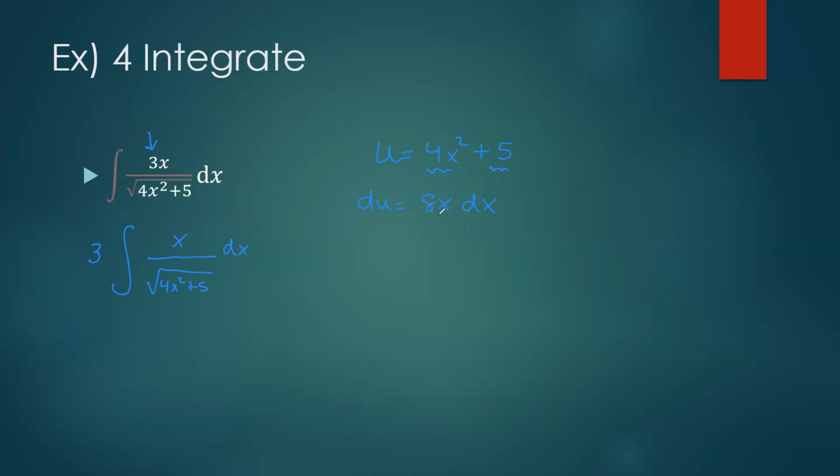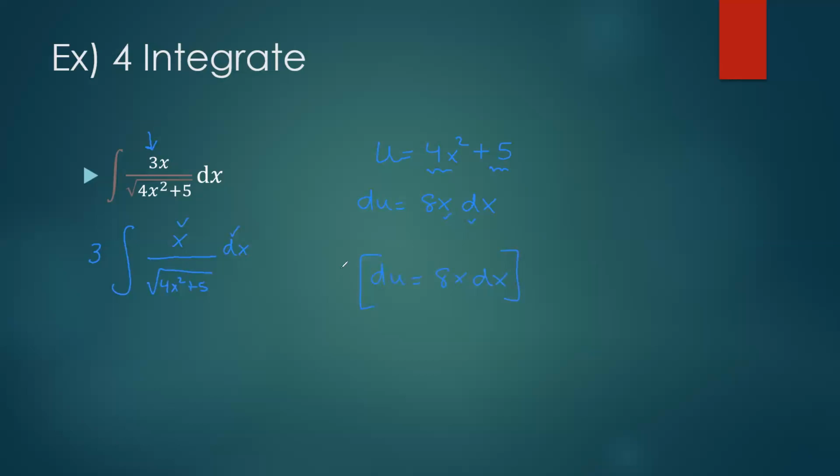Is there anything we need to get rid of? Yes. We have this x and this dx, which is what we have here, but we don't have this 8. So I'm going to get rid of this 8 by how? By multiplying both sides by the reciprocal of 8.